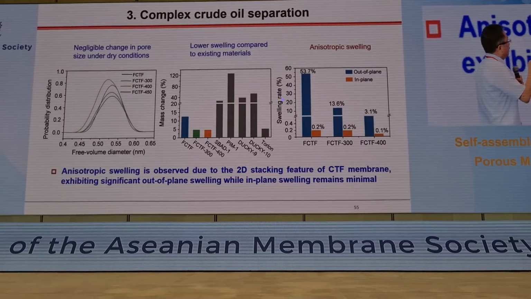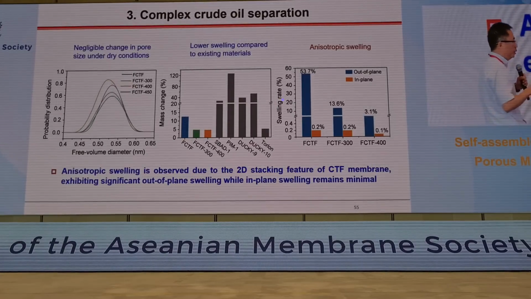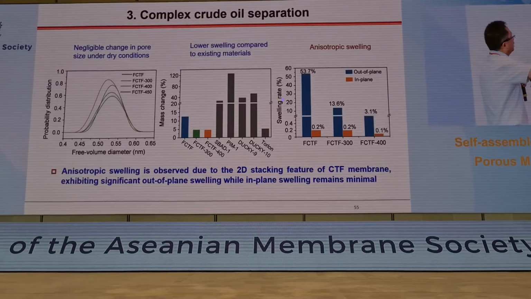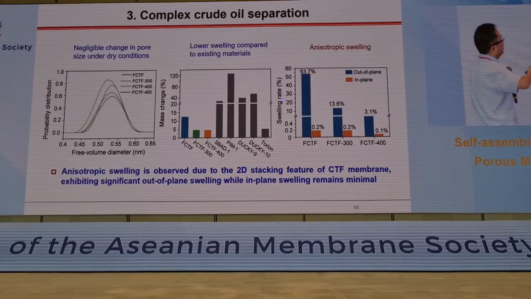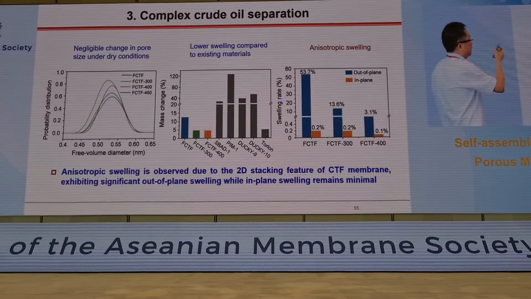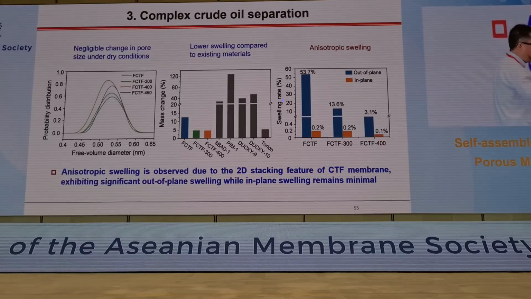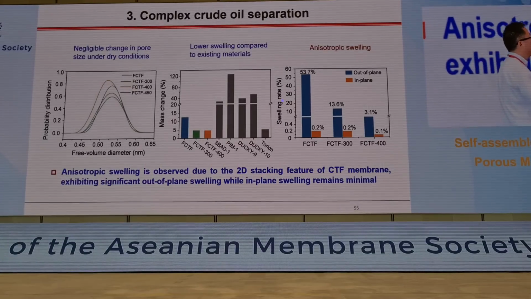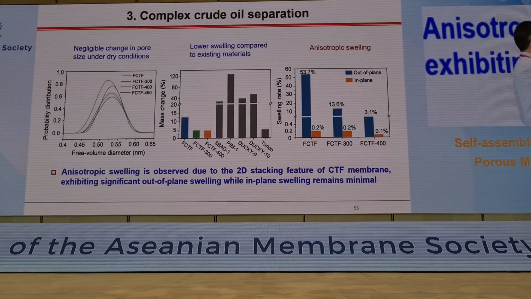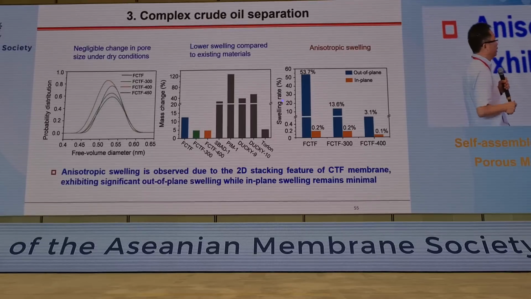That means in-plane swelling is almost small, but out-of-plane swelling is quite big for this membrane. This is also easy to understand because the organic solvents can penetrate the interlayers, so they increase the swelling property.